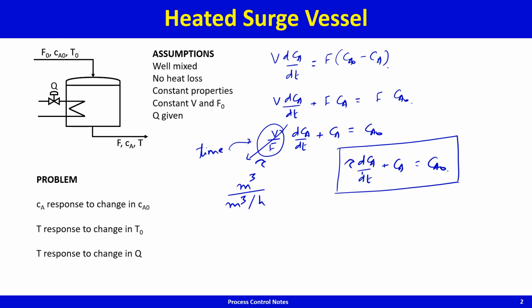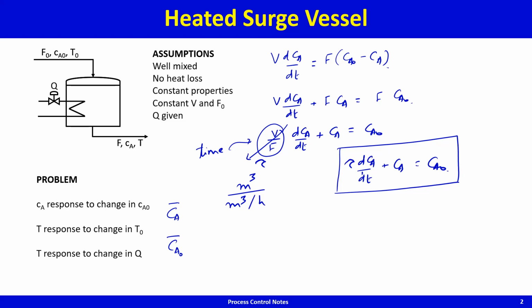Now, in order to solve this, we can use the integrating factor approach, and what we are doing is, see, Ca naught at the initial steady state, which I'll denote by this guy, and Ca at the initial steady state, I'll denote by this guy.